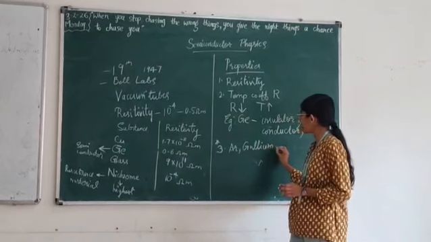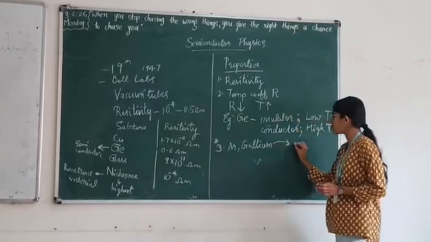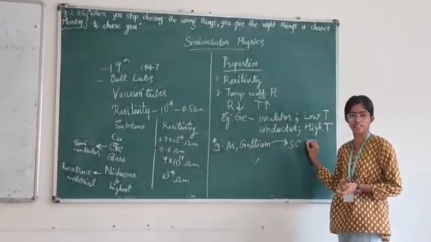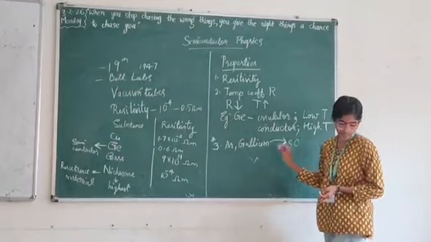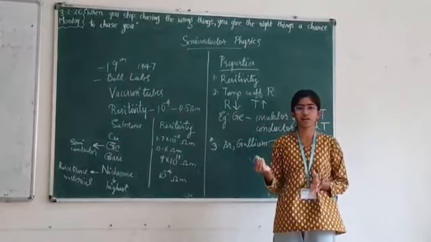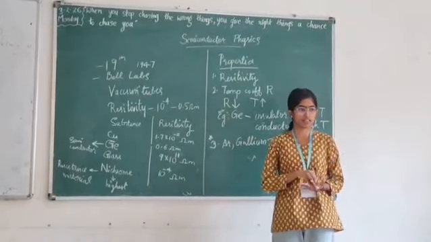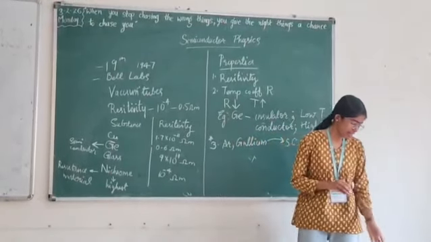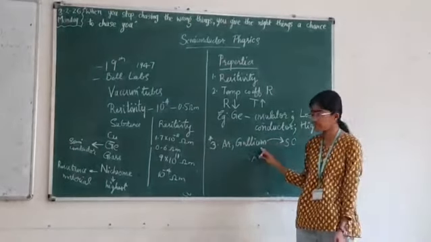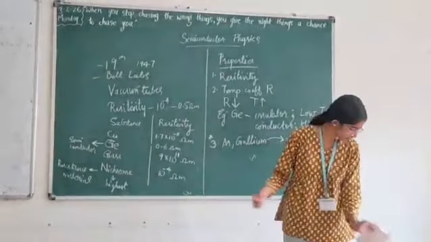If I am adding these into the semiconductor, its current conductive property changes. That is, when a suitable metallic impurity like arsenic or gallium is added to semiconductors, its current conductive property changes. So this is the third property, and it is a very important property.